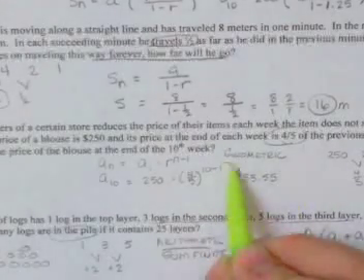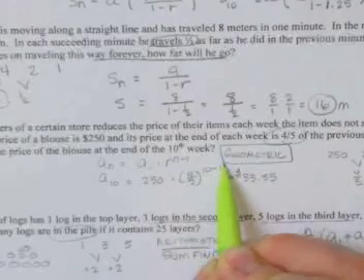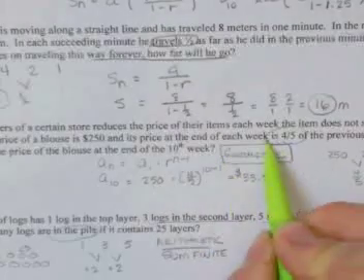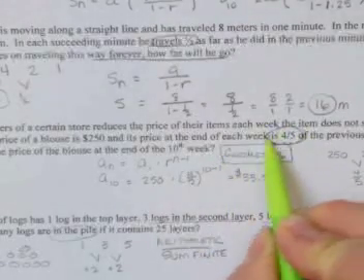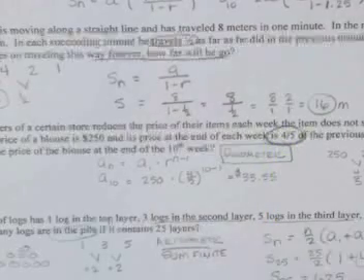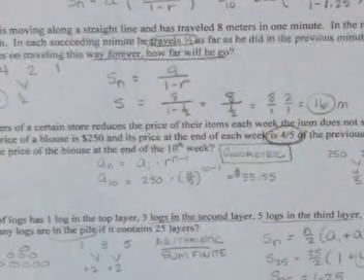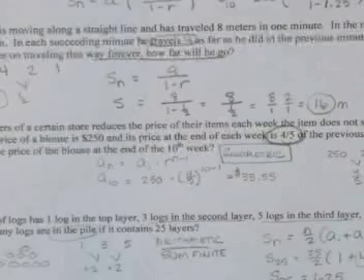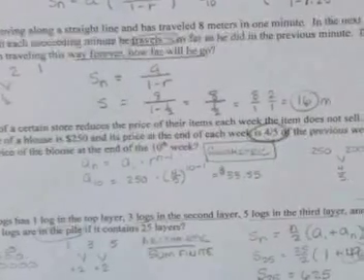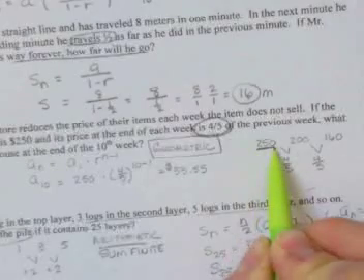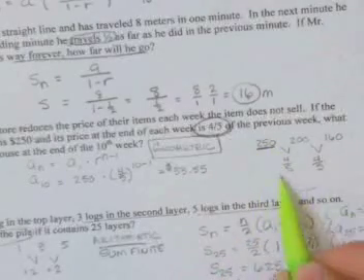So what I notice is that I have something that's geometric. And the reason I know that is the price of the blouse is going to be 4/5 of the price that it was the week before. Sometimes it helps me to write out the first few terms in the sequence that I'm dealing with. So you'll notice right here, the blouse started out to be $250.